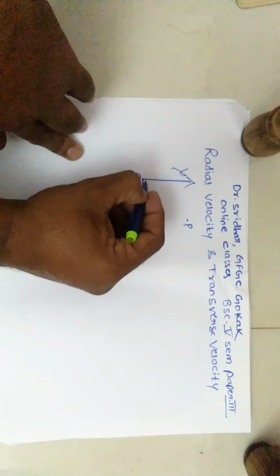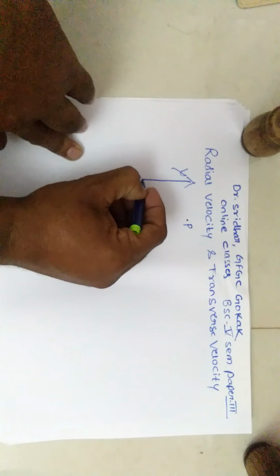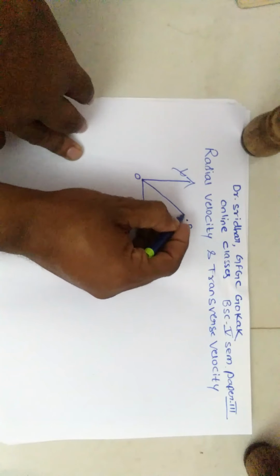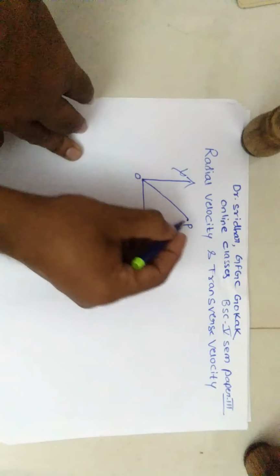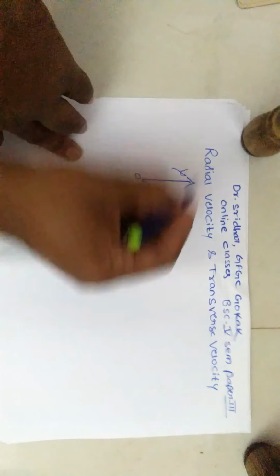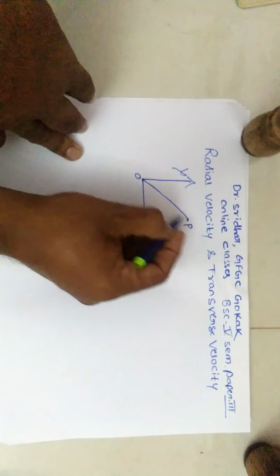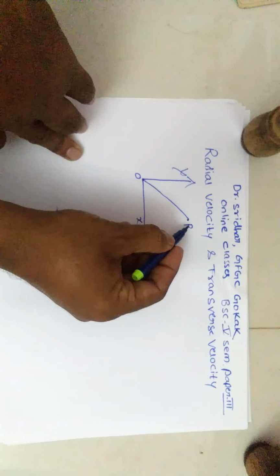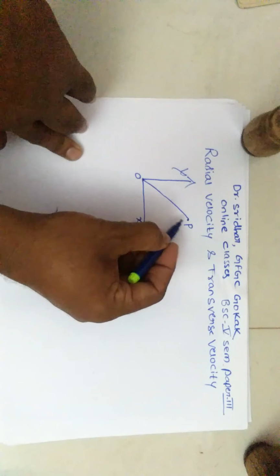Now join the line from O to P. This line joining O and P is called the radius vector of the point P. We all know that.